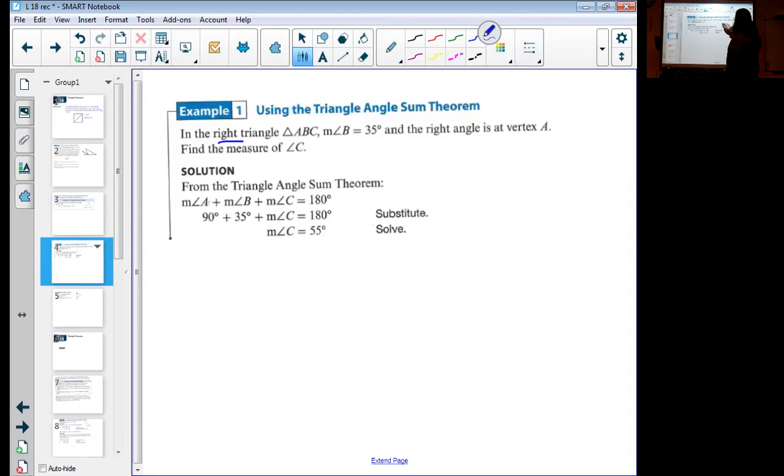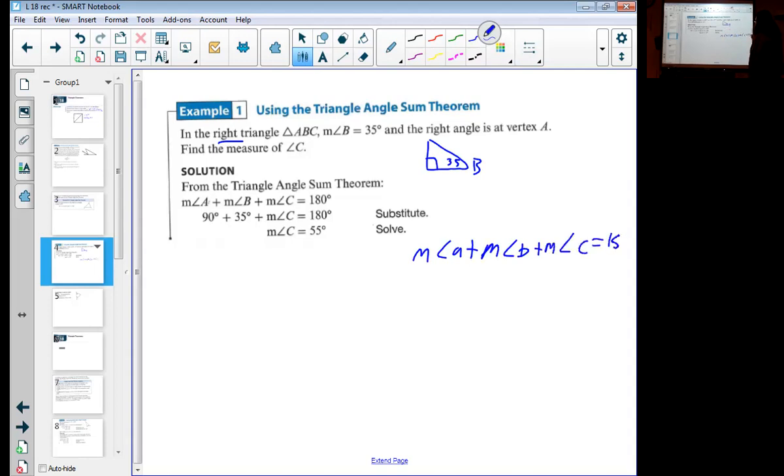It says angle B is 35, and the right angle is at vertex A. Find the measure of angle C. Because the triangle angle sum theorem says we can add up all 3 angles, the measure of angle A plus the measure of angle B plus the measure of angle C is equal to 180.